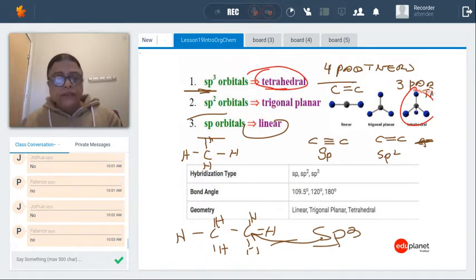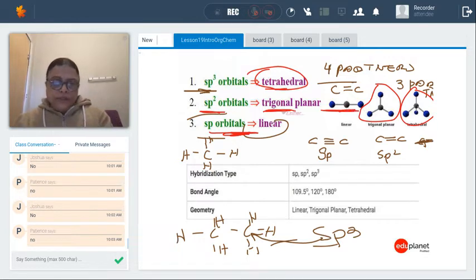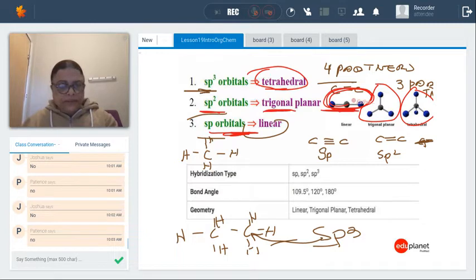We should recognize it because we learned about it in week 2. The sp2 trigonal planar and the sp linear. So this carbon that has triple bond, that section is going to be linear. Okay?